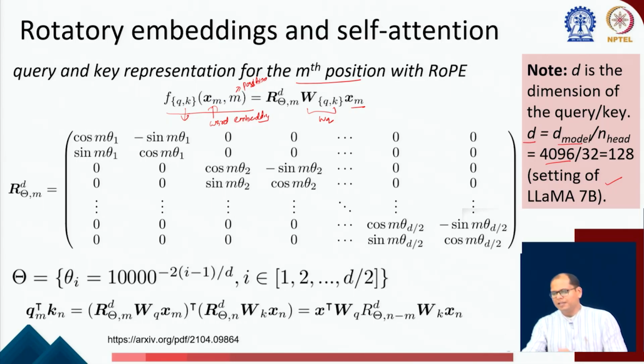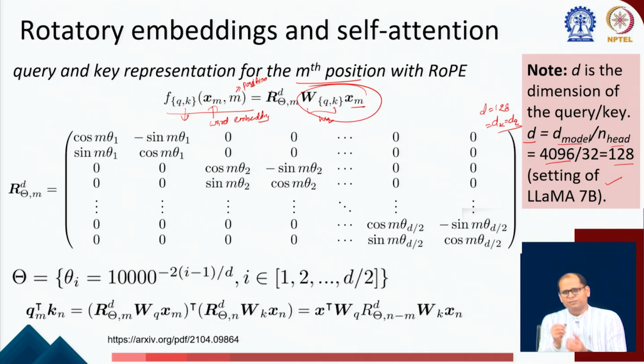D model divided by n head, that is 128. So, my effective D for which I will apply rotary position embedding is 128. That is the dimension of key and query. That is very important. I do not need to apply it for the entire D model dimension embedding, but only after I have projected it to the query and key individually.